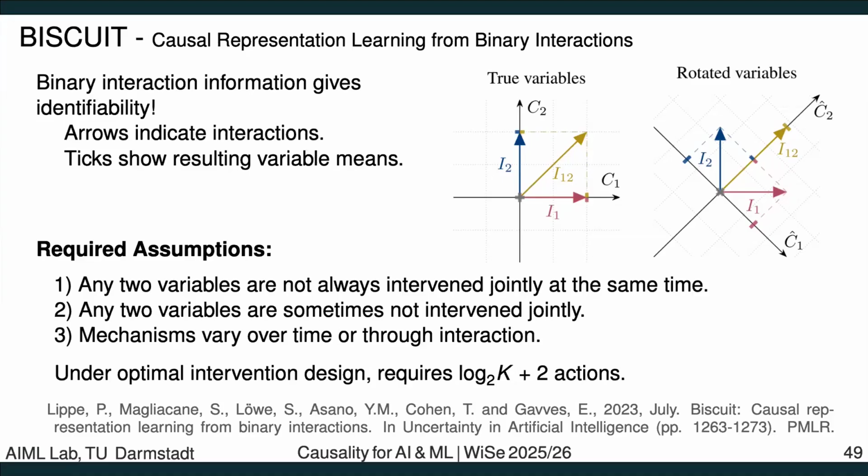On the opposite, sometimes I want to have any two variables intervene jointly, basically to check whether doing two interventions after each other or at the same time gives me some sort of equality.